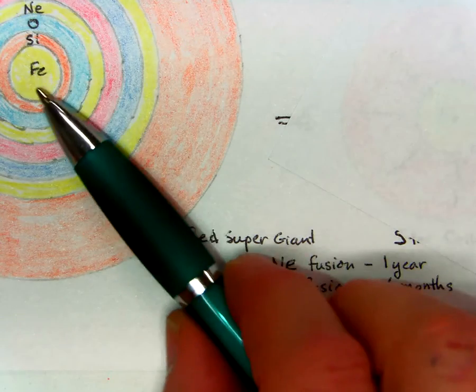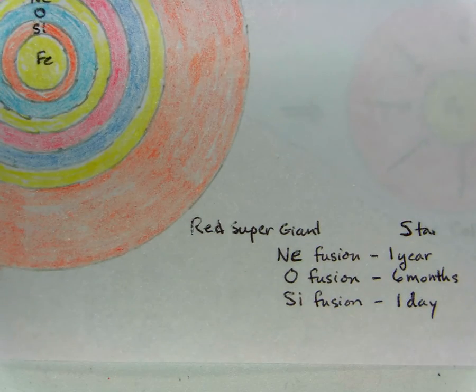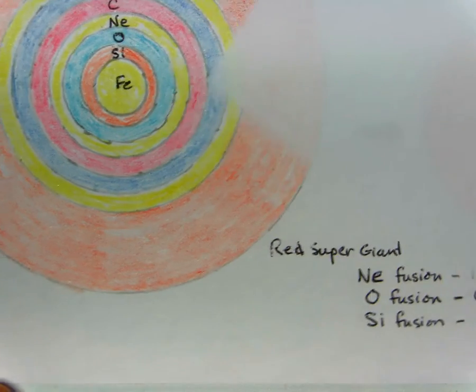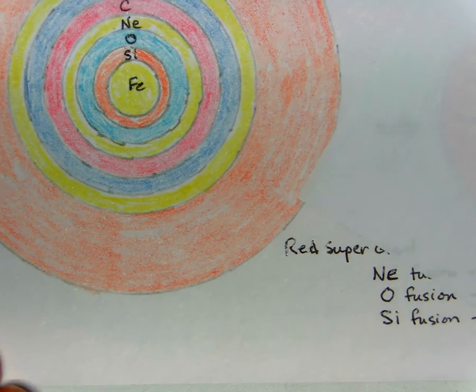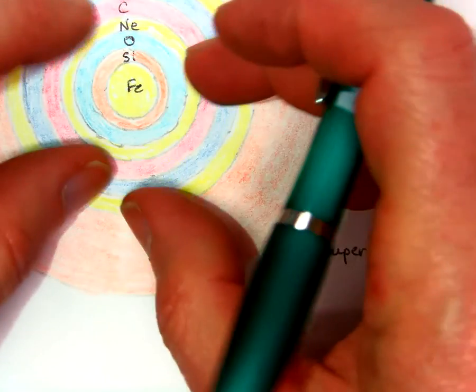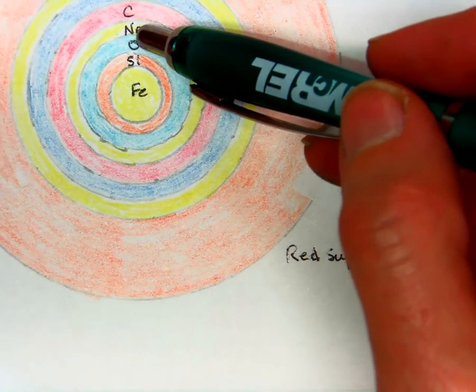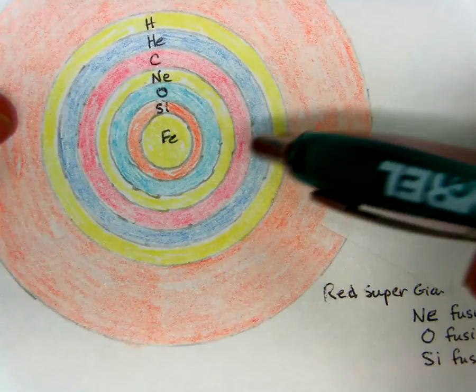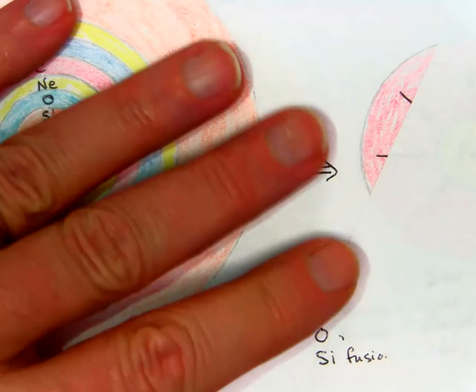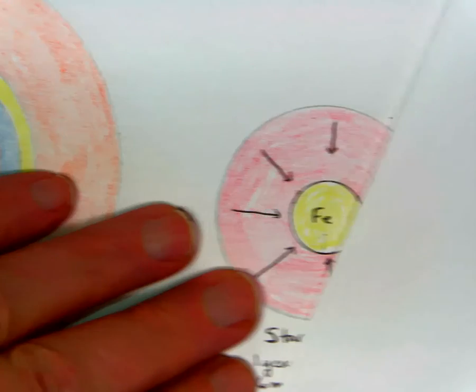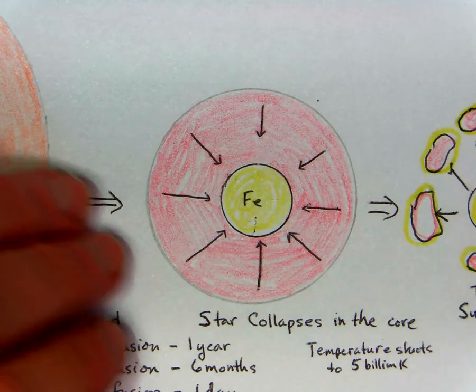Okay, because it's fusing these things so fast now, our core is collapsing. So the center part here, below the carbon, is starting to collapse really fast. Well, when it collapses like that, it builds up a lot more pressure.